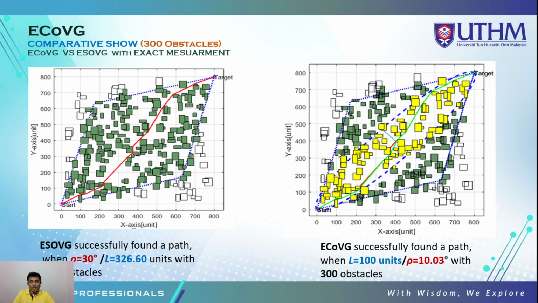So if I compare here, you see ESOBG is very big, so a lot of obstacles are inside. Inside the limited area, the green and yellow have to be calculated by ESOBG, but EQVG only calculates this area. So EQVG gets less computational time, and ESOBG gets higher computational time.